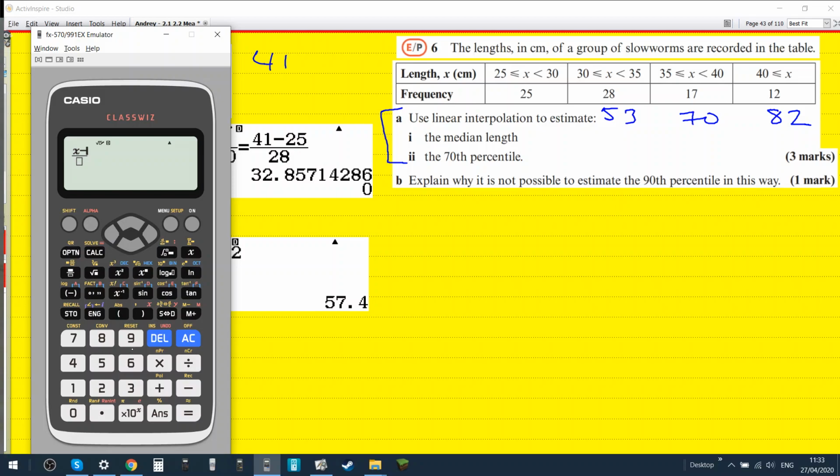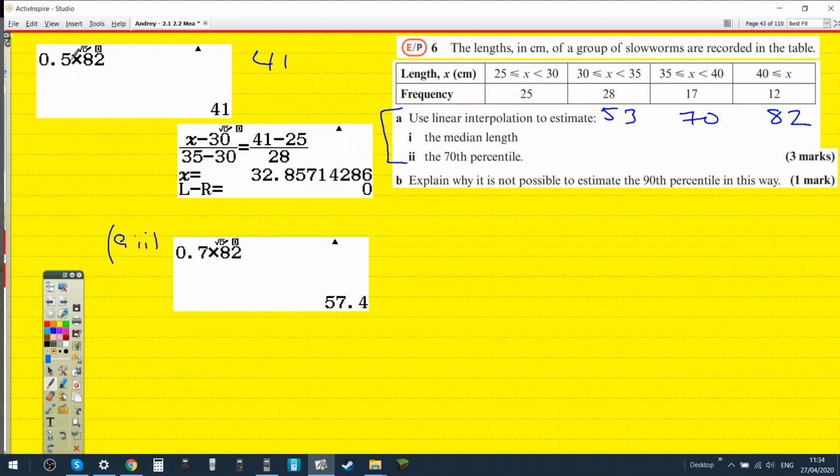It's going to be in that group. Over 40 minus 35, equals 57.4 minus 53 over 17. Solve. And we say 36.3.